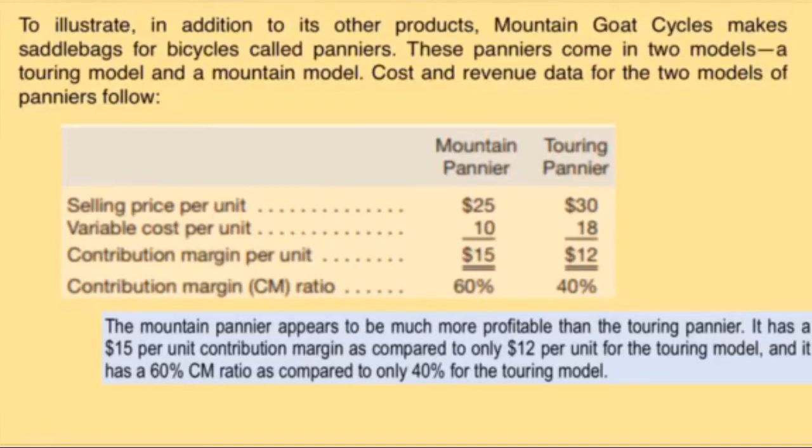The mountain pannier appears to be much more profitable than the touring pannier. It has a $15 per unit contribution margin as compared to only $12 per unit for the touring model, and it has a 60% CM ratio as compared to only 40% for the touring model.